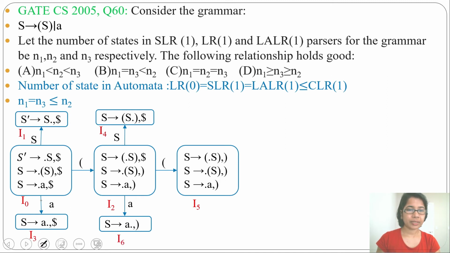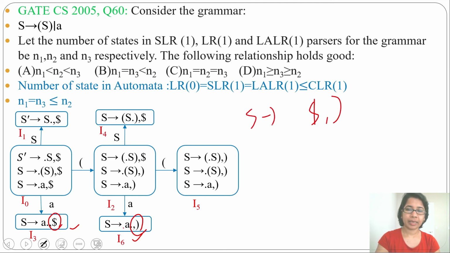For solving this question, you can stop here as we found I3 and I6 have the same LR0 item A dot, but look ahead is different. Here look ahead is dollar, here look ahead is end bracket. In LALR, what we will do, we'll just merge these two states. So I3 and I6 will be merged and look ahead will be dollar and end bracket.